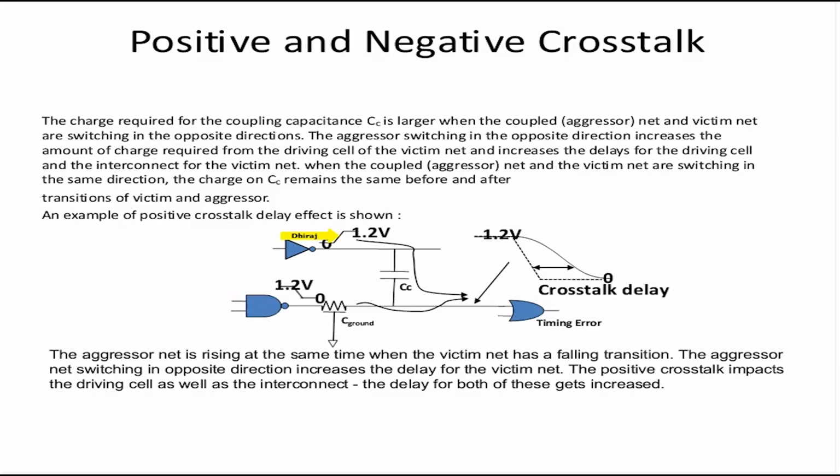The effect is that earlier, in the ideal case, this was the waveform, the dotted line, but when the aggressor is switching in the opposite direction, there is a delay because of the charge change at CC. CC needs to be charged, the charge changes by 2 into CC into VDD. So this causes a delay, and therefore the signal which was arriving earlier is now arriving later. This is called positive crosstalk, right? Positive, why positive? Because it is resulting in an increased delay.